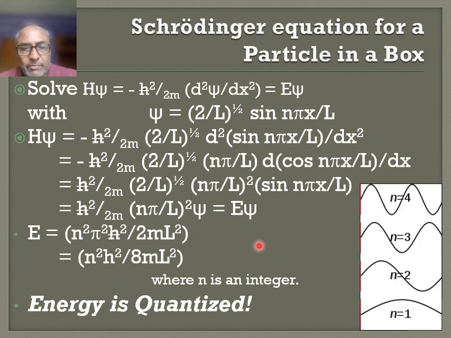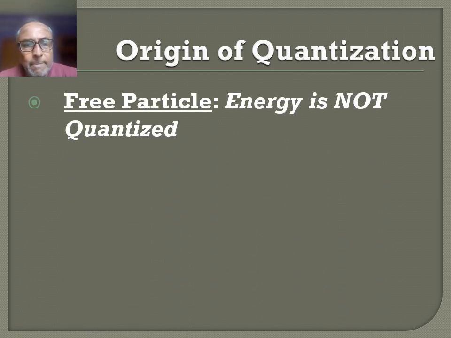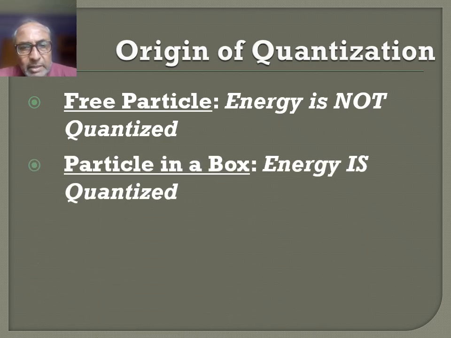For n equal to 1, we obtain the wave function sine pi x by L. For n equal to 2, we get sine 2 pi x by L. For n equal to 3, the wave function is sine 3 pi x by L. For n equal to 4, sine 4 pi x by L, and so forth. So, this clarifies the origin of quantization. For the free particle, the energy is not quantized, whereas for the particle in a box, the energy is quantized.